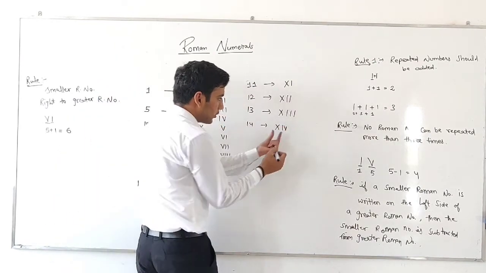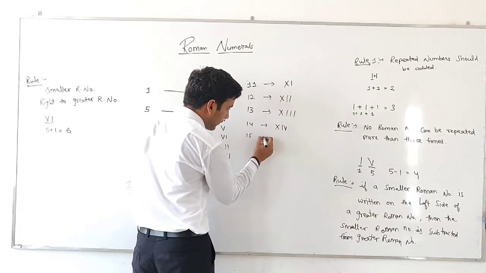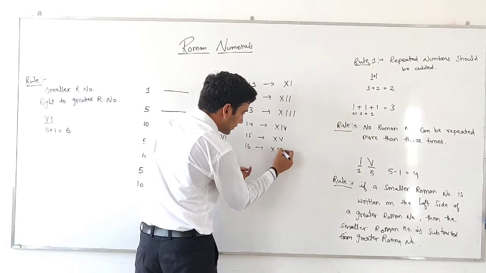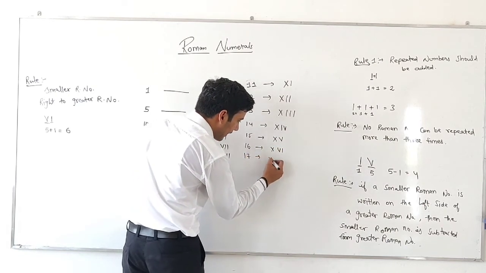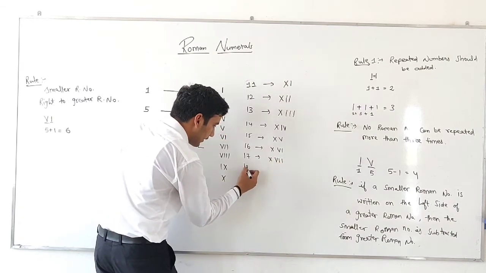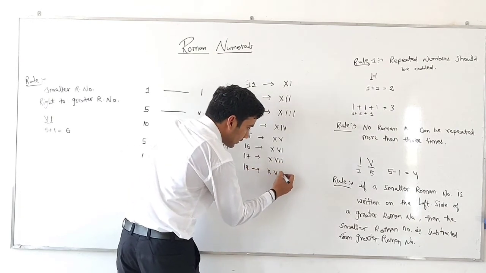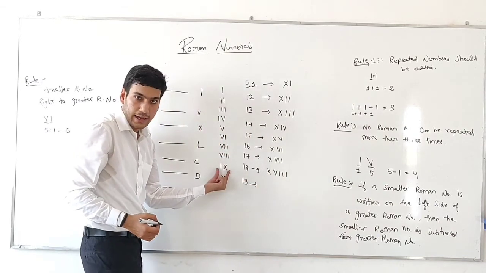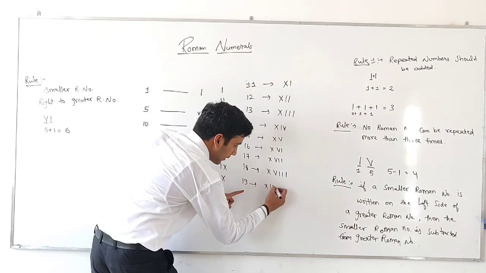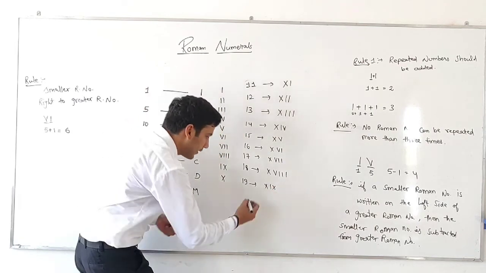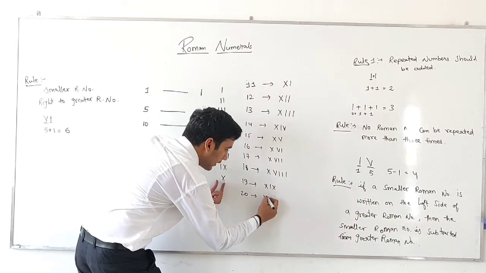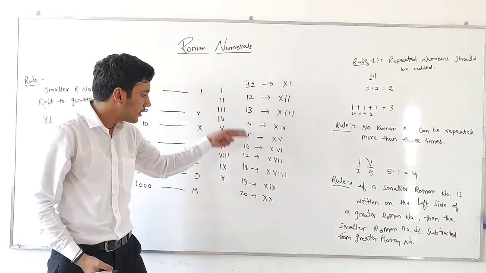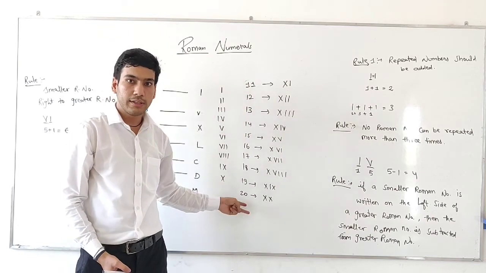So this is your 14. 15, X5, 16, X6, 17, X7, 18, X8, 19, X and 9, IX. So XIX. This is the Roman symbol for 19. And for 20, X and X. 10 plus 10 makes you 20. So these are the Roman symbols from 11 to 20.